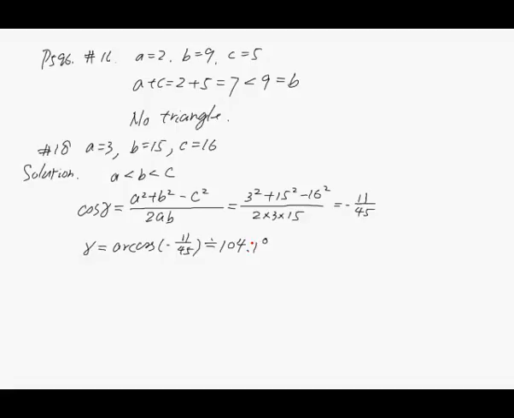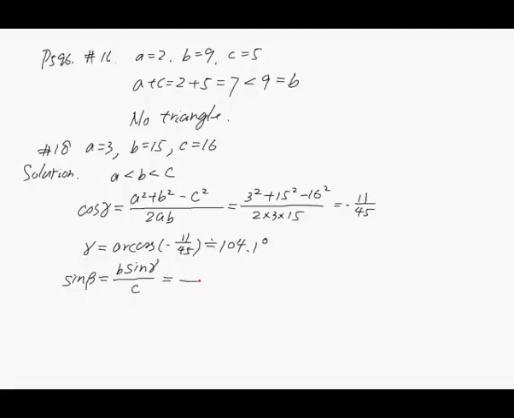Then we know the other two angles must be acute angles, right? So now let's try to find beta. We use the law of sines to find beta. So sine beta is equal to b times sine gamma over c. Okay, we got this formula before.